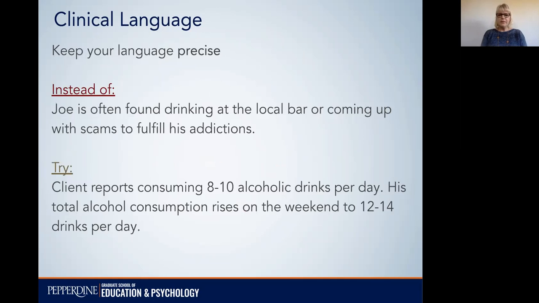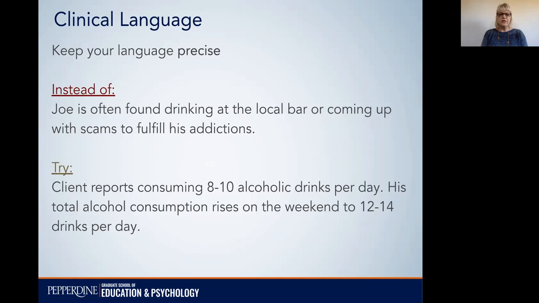So here's an example of being precise in your language. Instead of "Joe is often found drinking at the local bar or coming up with scams to fulfill his addictions," you need to be more precise. And so I would probably break these up into two sentences. The first one about visiting the local bar could be, "Client reports consuming 8 to 10 alcoholic drinks per day.